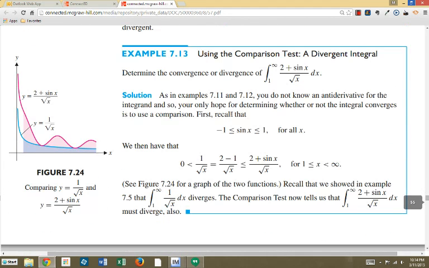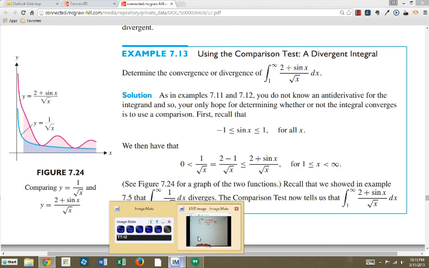Or if you have something in the neighborhood of something like this equation, we end up with the integral from 1 to infinity of 2 plus sine x over square root of x dx. If we think that this graph is going to diverge, we would want to find something smaller.